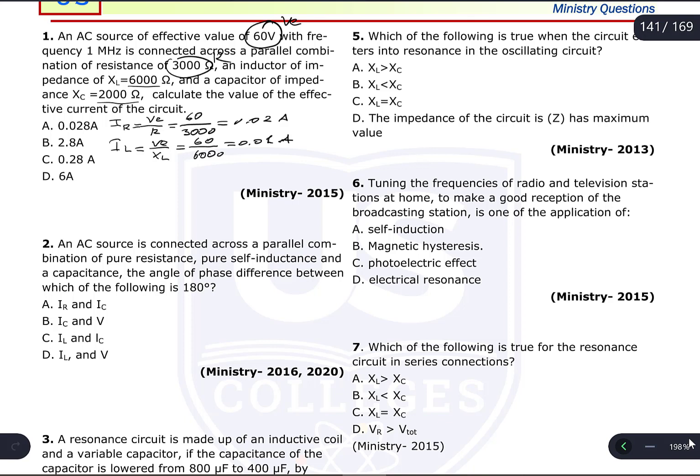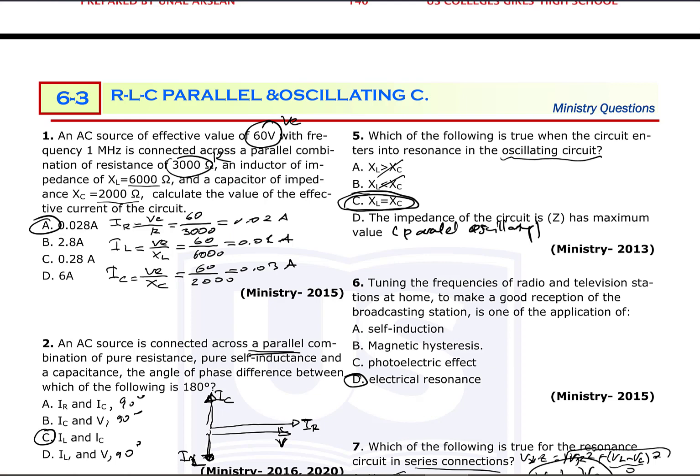And next one is calculating effective electric current across the capacitor, V effective divided by XC. So V effective is 60 divided by XC, which is given as 2000. So 60 divided by 2000, result is 0.03 ampere.